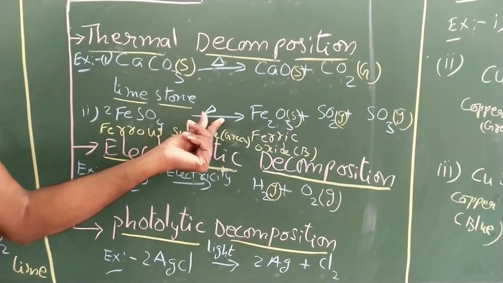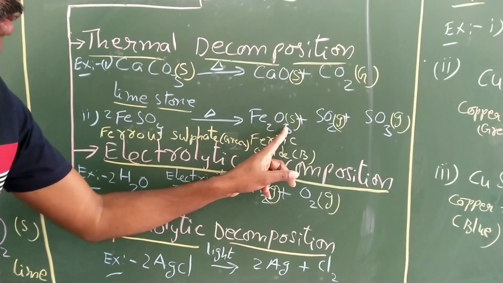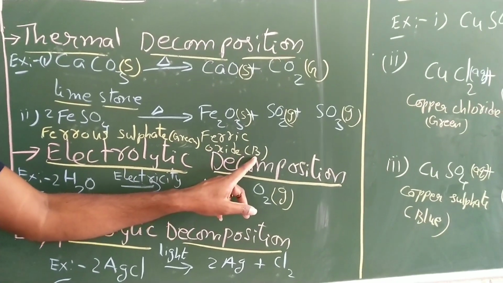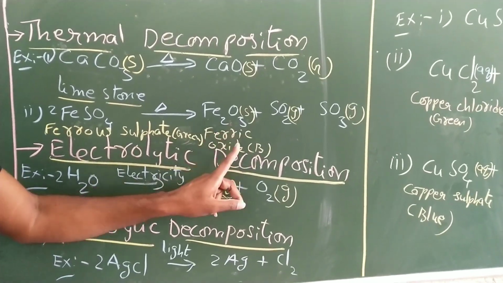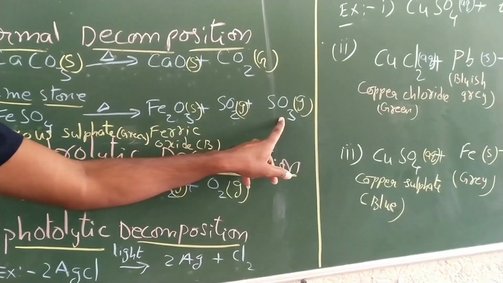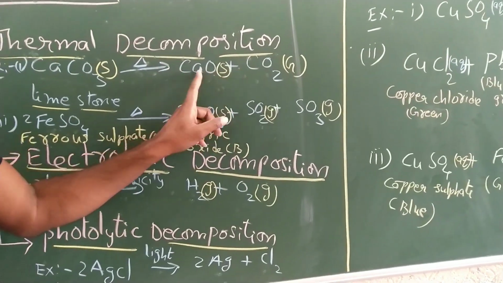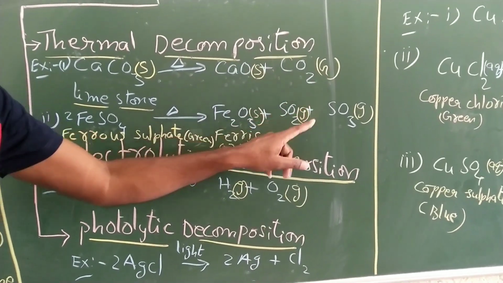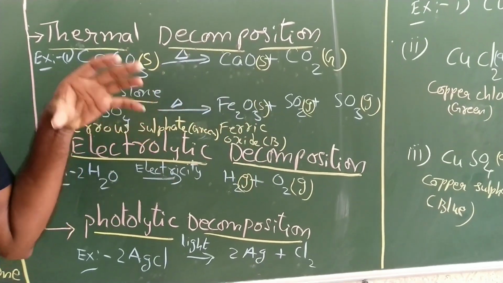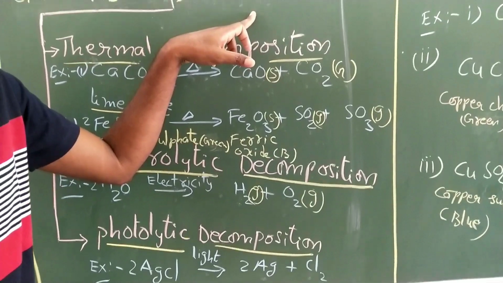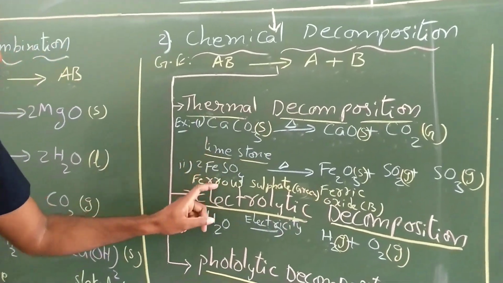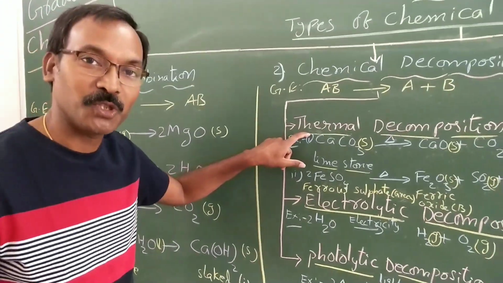When it is heated, it gives you ferric oxide, a solid of light brownish color, and sulfur dioxide gas and sulfur trioxide gas are produced. In the previous case only two substances were produced, but in this equation three substances are mentioned. So it's not always only two substances; maybe two or more. These two are the best examples of thermal decomposition.